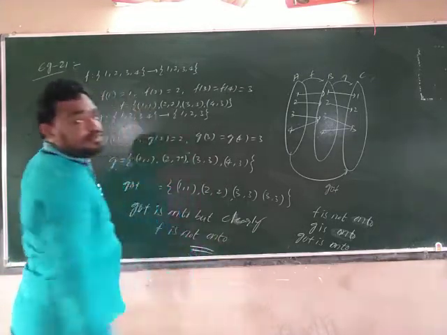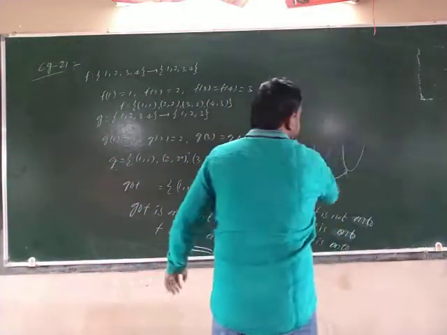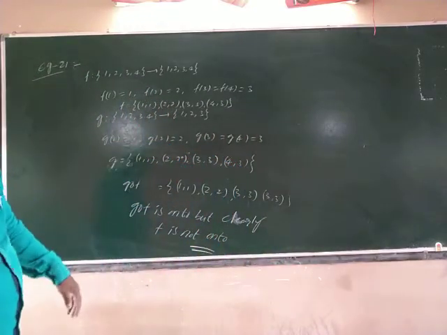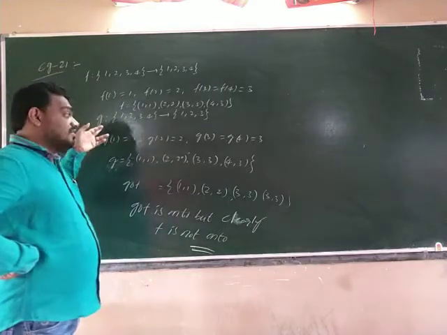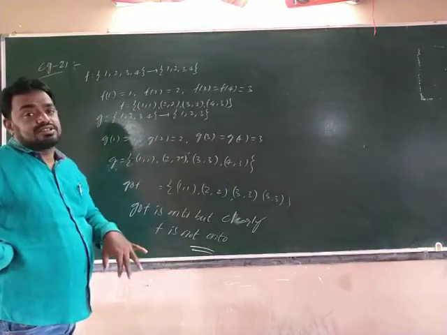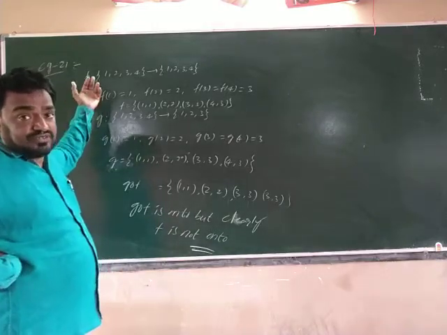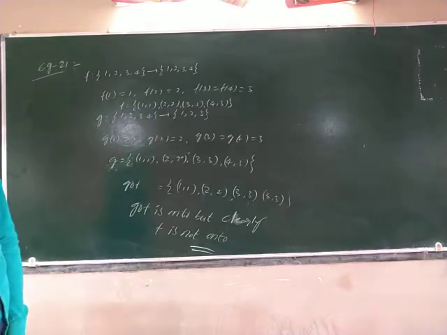This is your proof. So like this we are going. Okay, I am assuming like this: F is not onto, G is onto, and G circle F is also onto. That means for G circle F to be onto, there is no need for F and G both to be onto. This is the proof. Next, example 22.